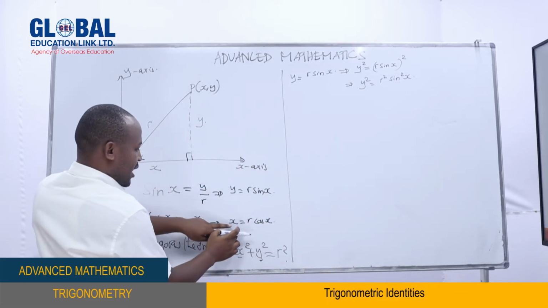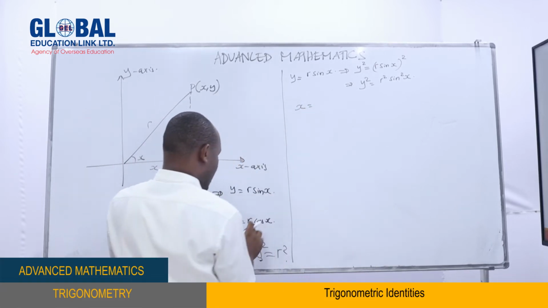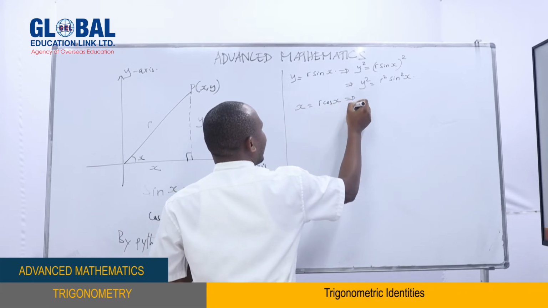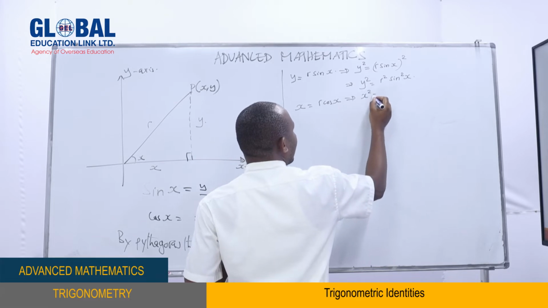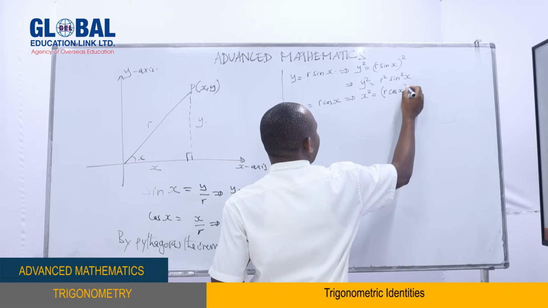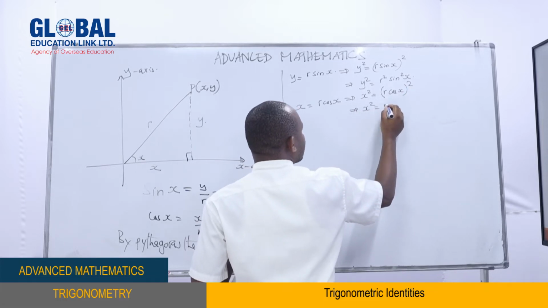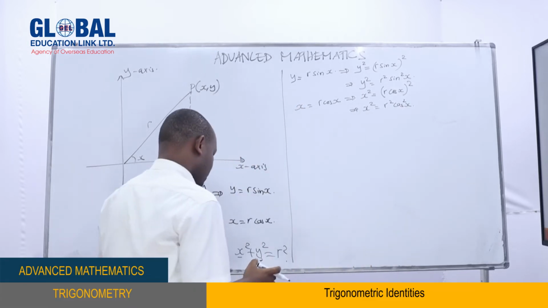What about x? We have x equals r cos x, so squaring both sides, x square equals r cos x all squared, that is, x square equals r square cos square of x.